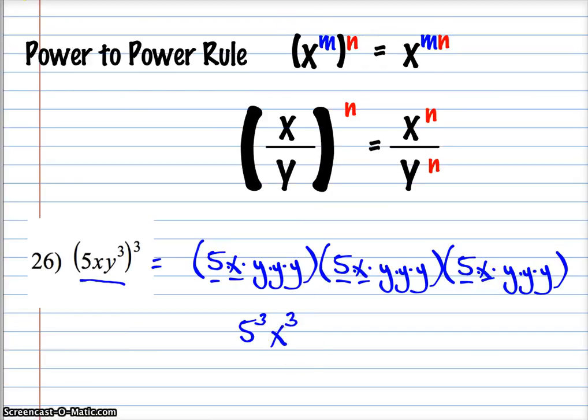And lastly, this is the one that gets really interesting. I have 9 y's, y to the 9th. Now this is my original 3 here, right? I can have 3 times 3 because I have 3 groups of 3. That leaves me with 125 x cubed y cubed. Oops, sorry, x cubed y to the 9th. This should be to the 9th. I'll make this a 9th.